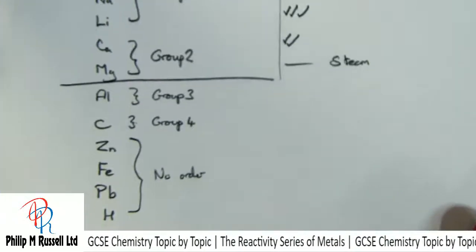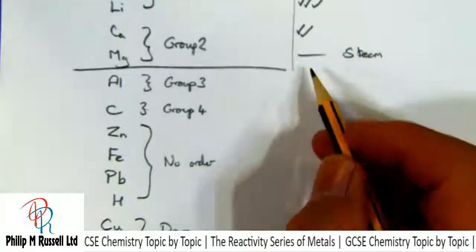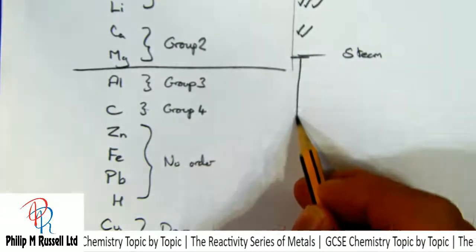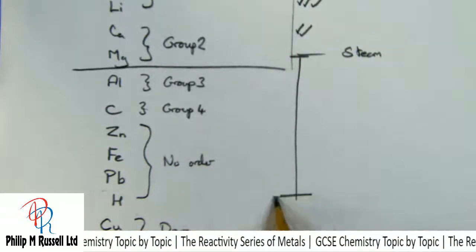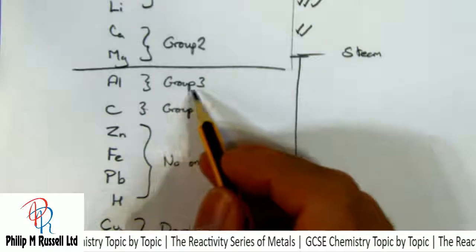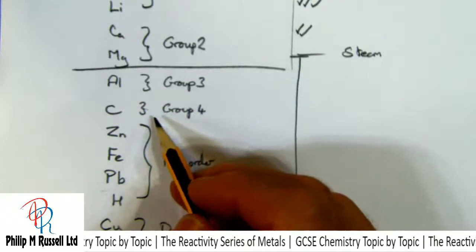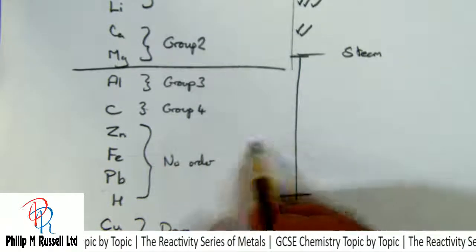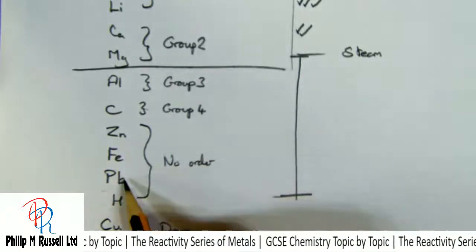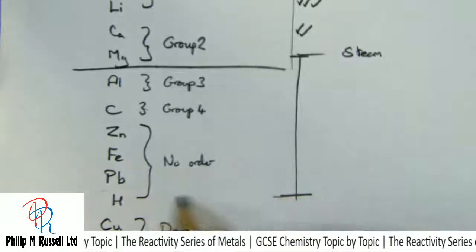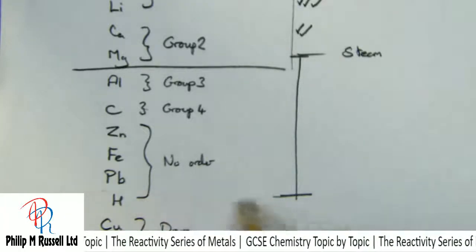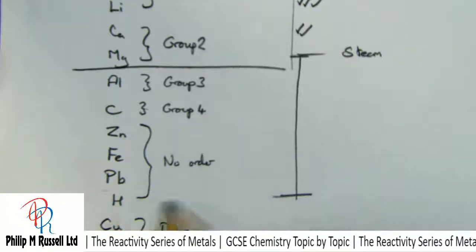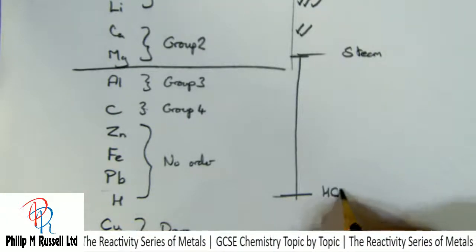If we look at reactions here with acids, then I could start having a look at these substances. Aluminium, carbon, doesn't really react with acid. Zinc, just about did here. Iron, barely. Lead, just about. Hydrogen's not going to work because hydrogen is already the substance in the acid. It is the H in HCl.